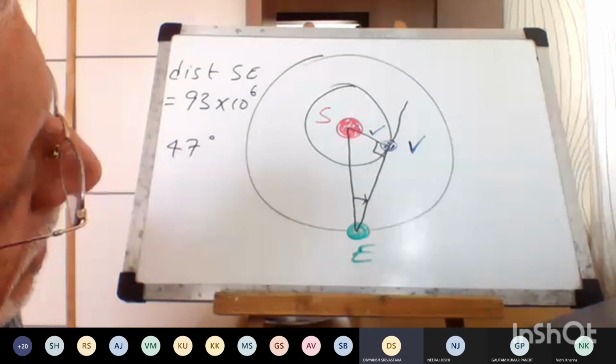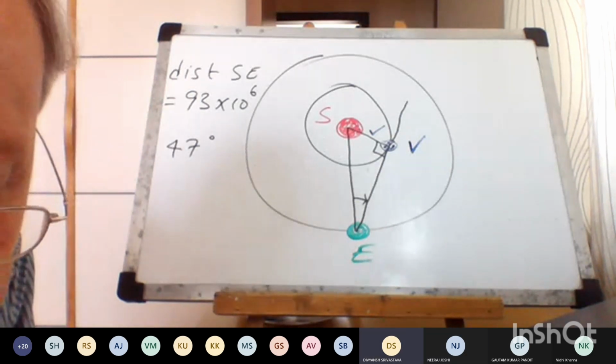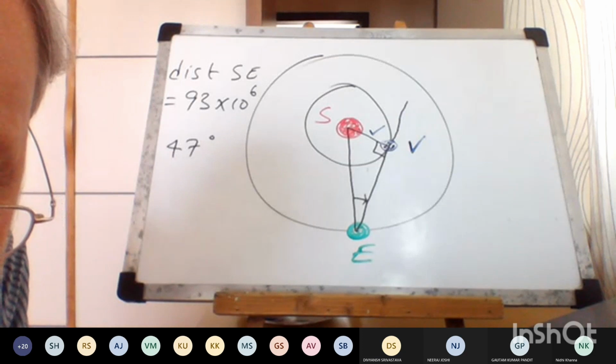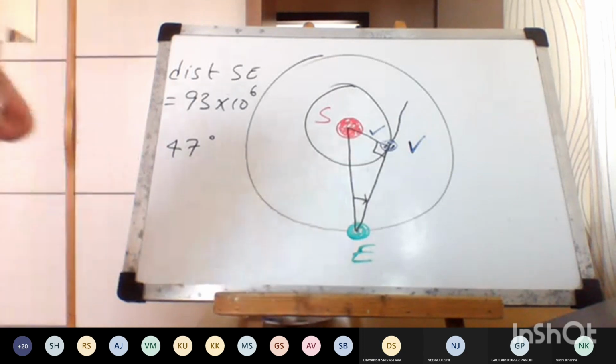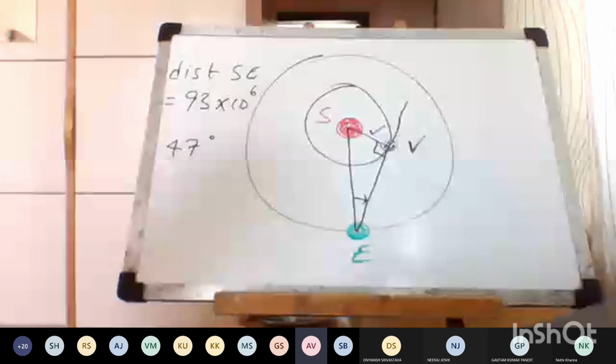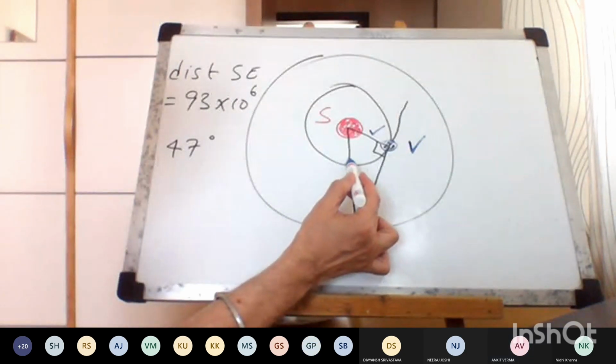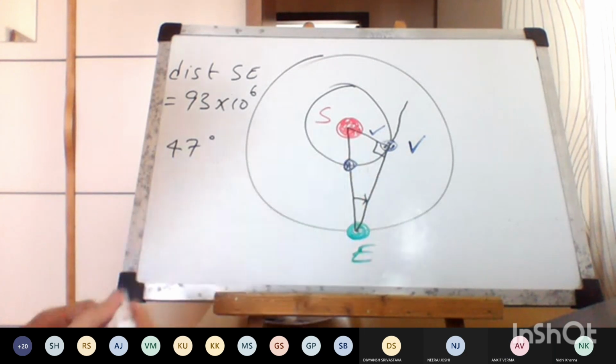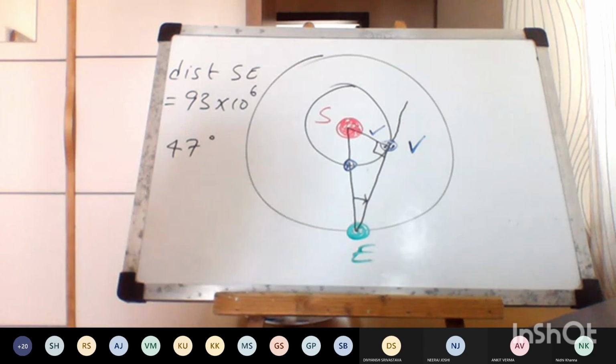Cos theta is equal to base upon hypotenuse. You mean to say EV is the distance? But that one has gone far away. Sir, it will come from tan theta. But which is the actual distance? The closest distance is this one, no? What is the closest distance between Venus and Earth? Subtract the two.